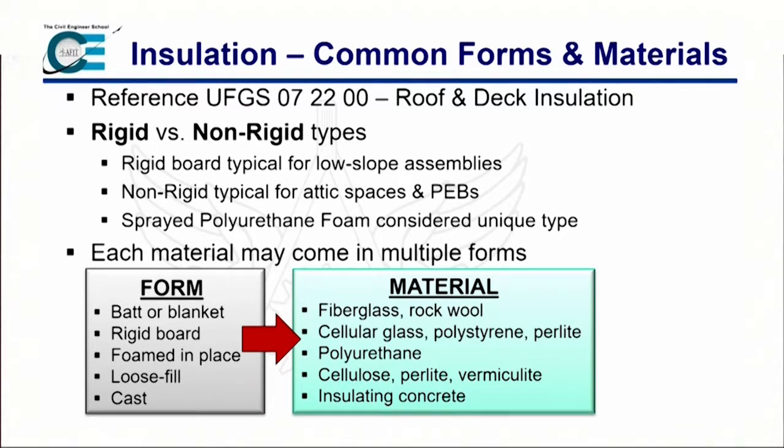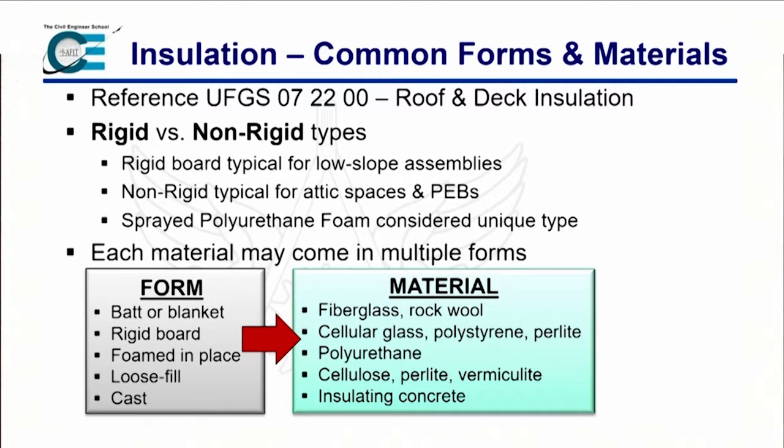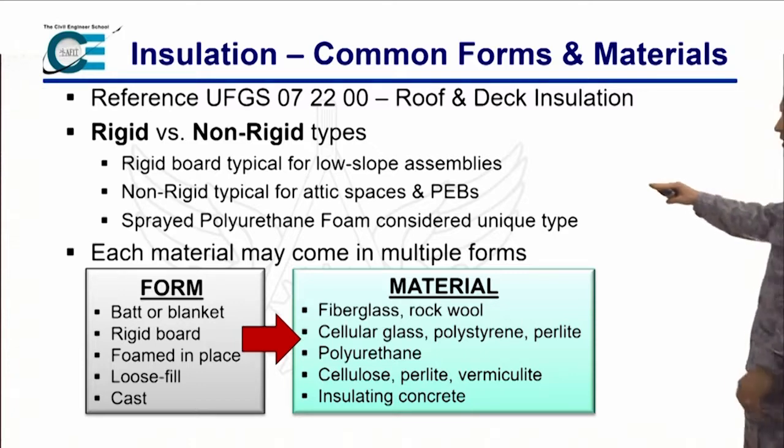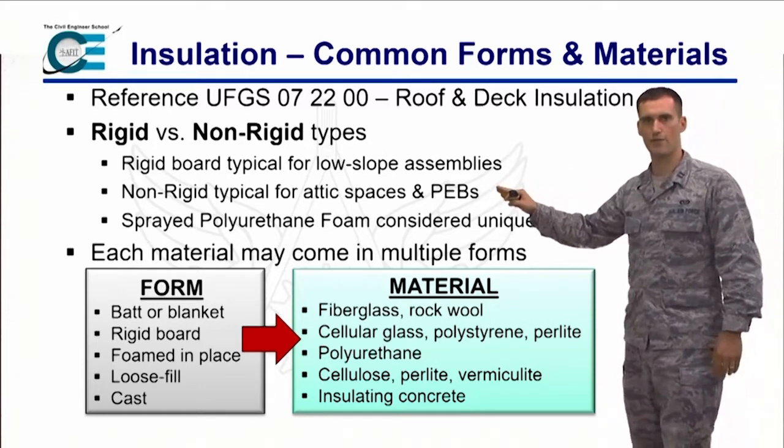We'll talk more about those. Okay, so what I want to do here is go through different types of insulation just to give you some examples. Primarily we're going to look at rigid versus non-rigid and just a few different examples. Typically rigid board we're going to use in low slope, as I talked about, because we're going to have foot traffic.